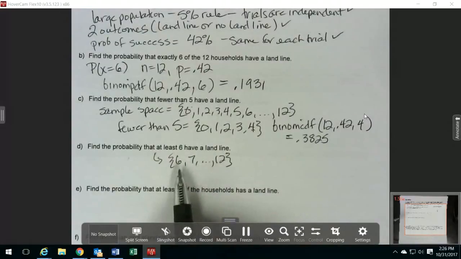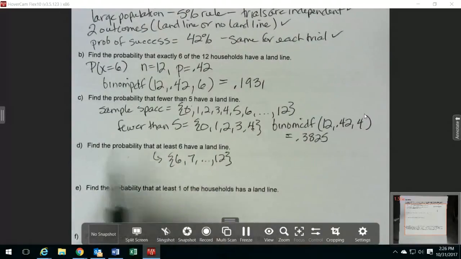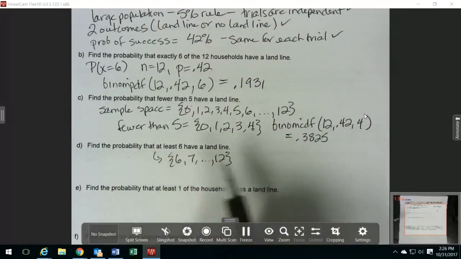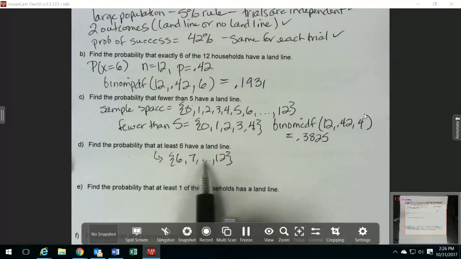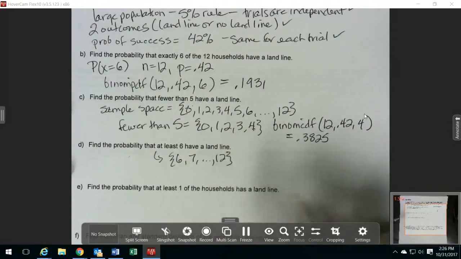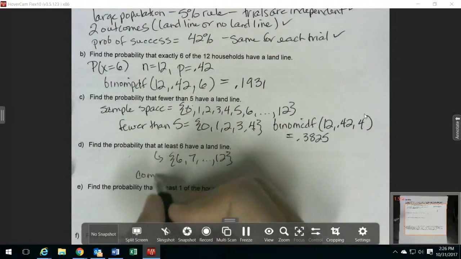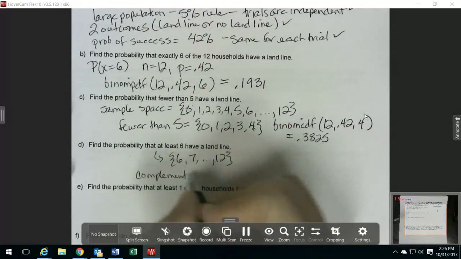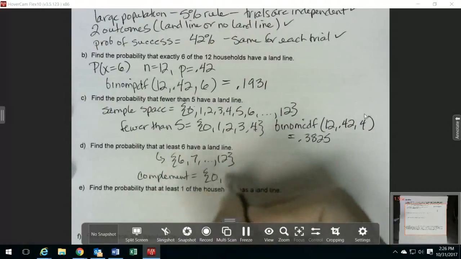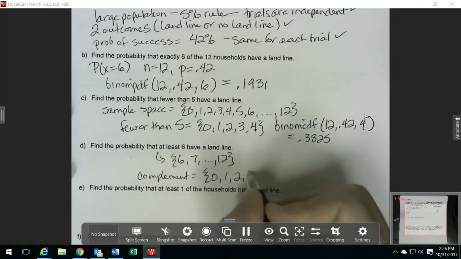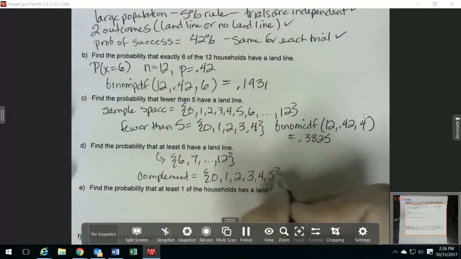We can't use the binomial CDF directly because it automatically goes from 0 up to a number, and we don't really want to find each of these separately and add them all together. So what we can do instead is use the complement. The complement of this would be everything from 0 up to 5.